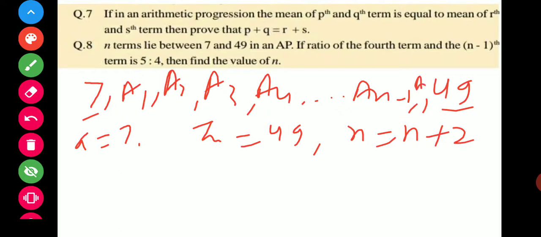You can write an also. And what else is given, you have to see: the (n minus 1)th term and the 4th term, so you can write a fourth and a n minus 1. It is given as 5 to 4.